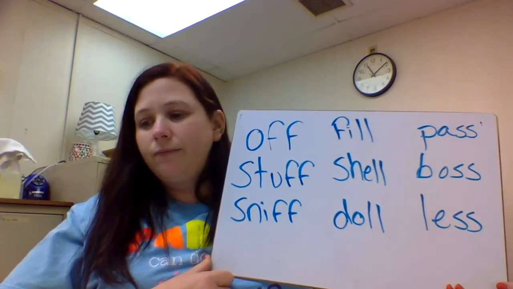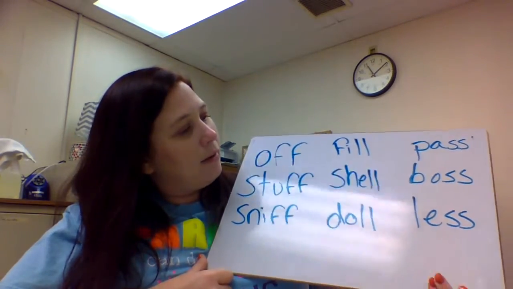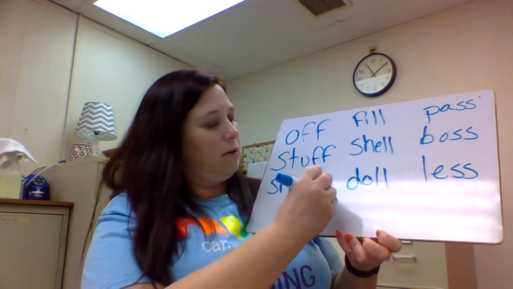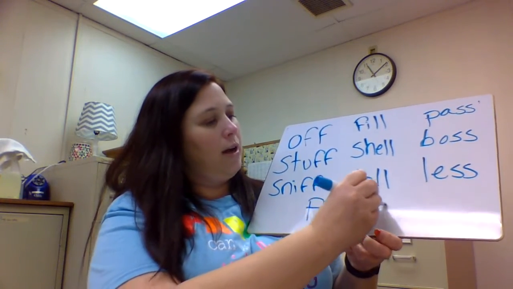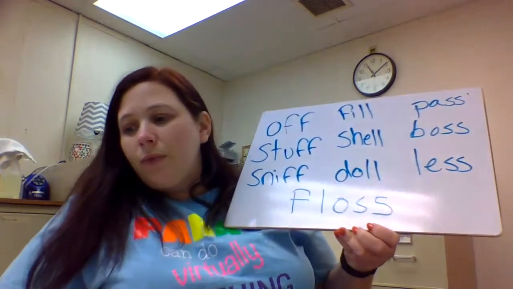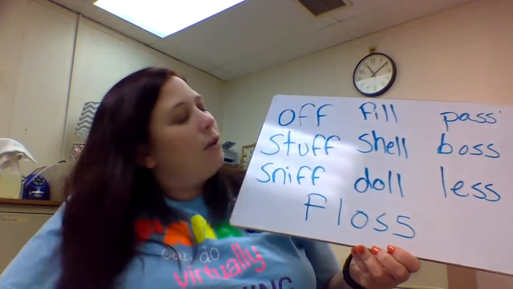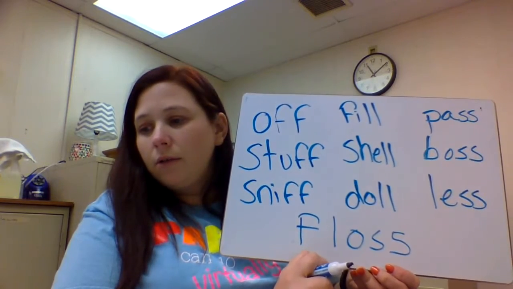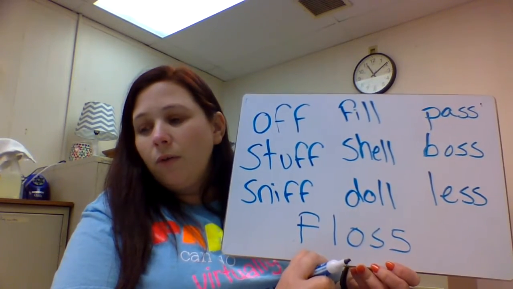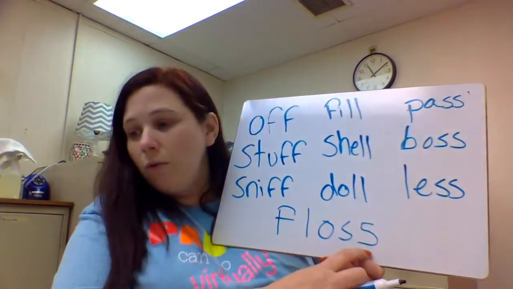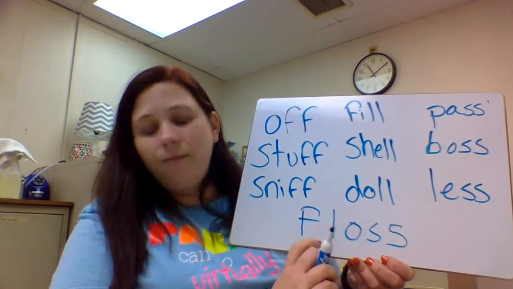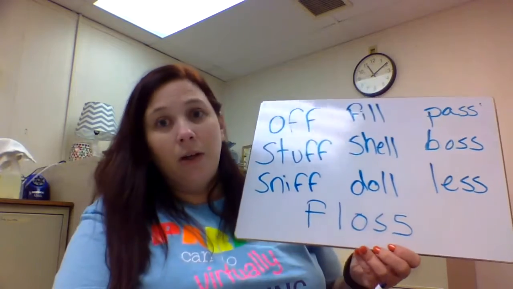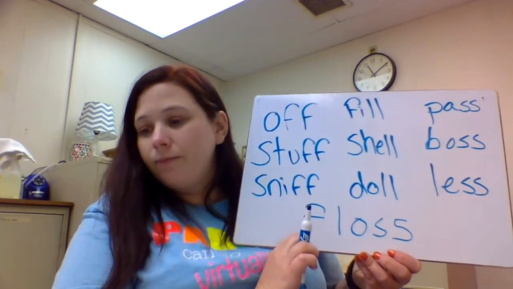All right, let's look at the word floss. F-L-O-S-S. Can you tell me how the word floss is like some of the words in here? So the word floss also has two S's, or an S at the end, one syllable, a vowel that would get a breve and be a short sound.